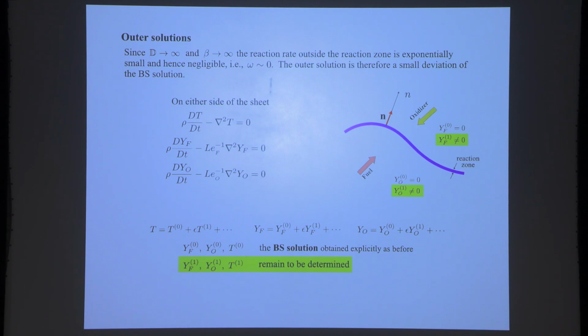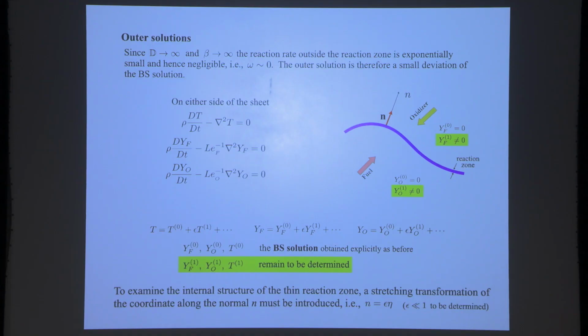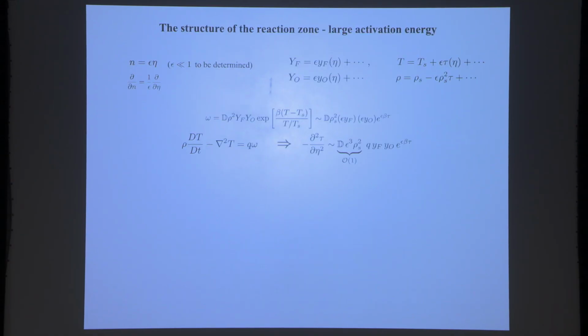And now the focus is on this, as well as what's going on in the reaction zone. So to discuss the reaction zone, we do exactly what we did before. We stretch the normal coordinate by a small parameter epsilon to be determined. And that's what we are going to do next.